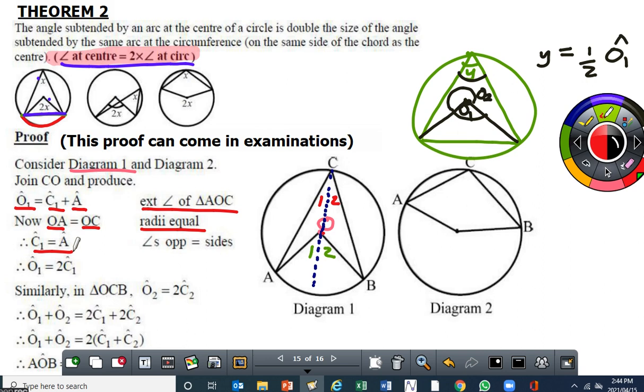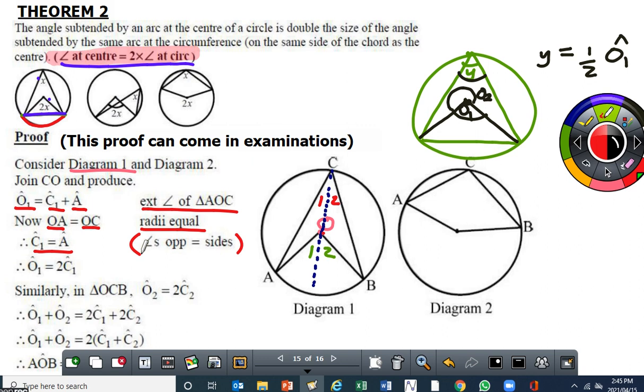The reason that you give there is not isosceles triangle, it's angles opposite equal sides. If you want to prove that two angles are equal based on their opposite sides, the reason that you give for any triangle is angles opposite equal sides.